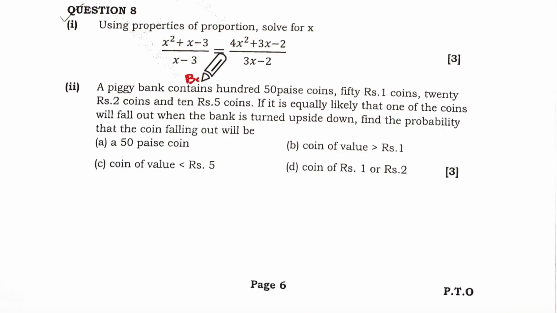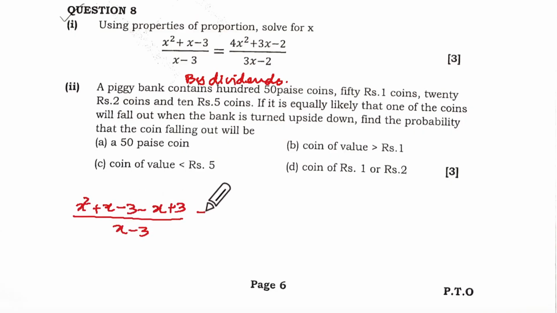And write over there by dividendo. Now dividendo means this minus this. Okay, so x squared plus x minus 3 minus x plus 3 upon x minus 3 is equal to 4x squared plus 3x minus 2 minus 3x plus 2.